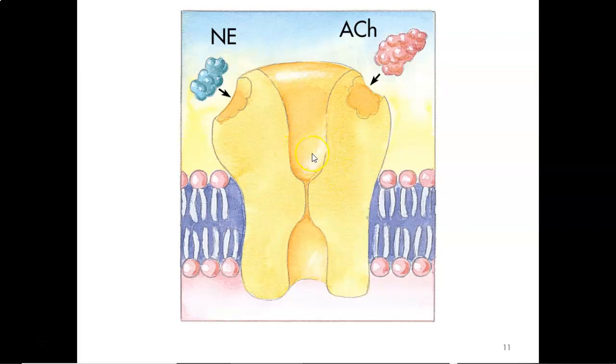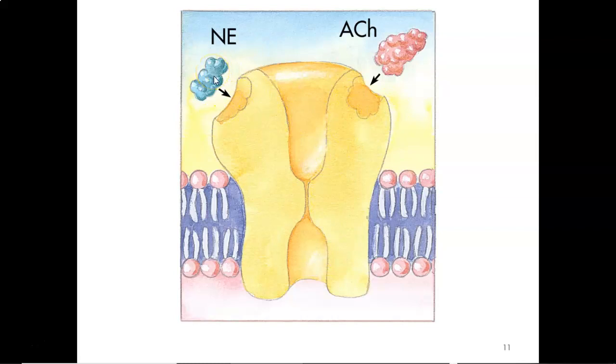So this receptor site only accepts acetylcholine and norepinephrine. Every neurotransmitter type has a different molecular structure. So why won't dopamine fit into this receptor site? Its molecular structure doesn't fit the lock.